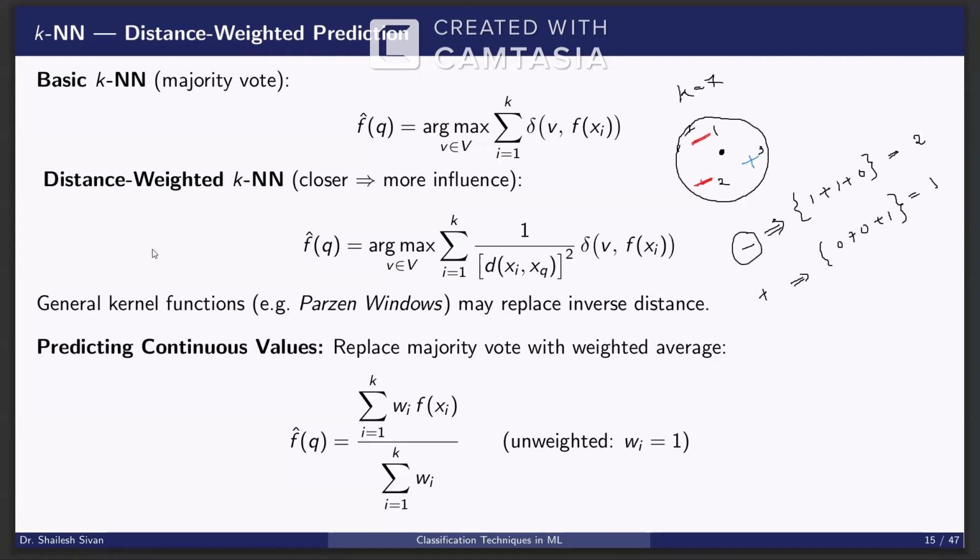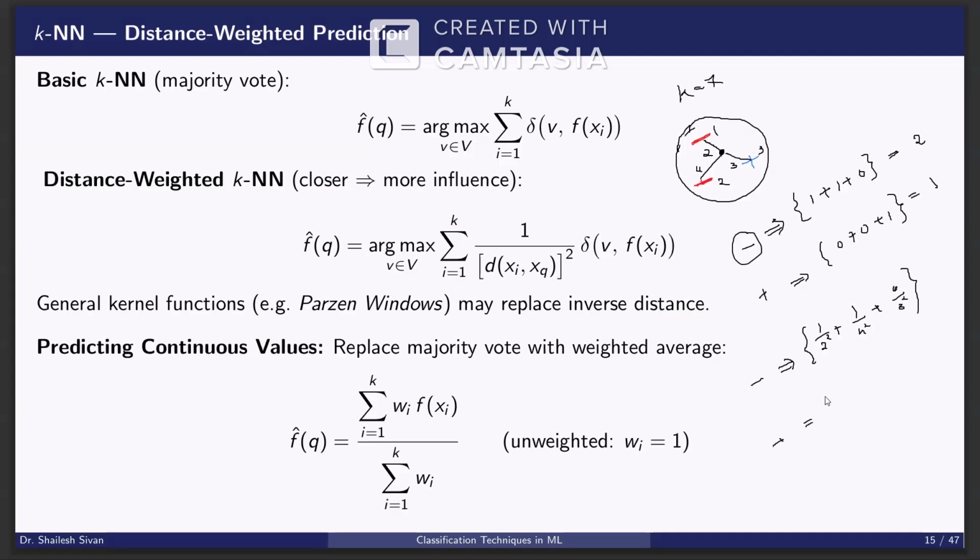Yes. So in distance weighted k nearest neighbor, along with the nearness, we will calculate the distance too. So this distance is 2, this is 4, this is 3. Instead of 1, 1, 0, for minus we calculate 1 by 2 square plus 1 by 4 square plus 0 by 3 square.